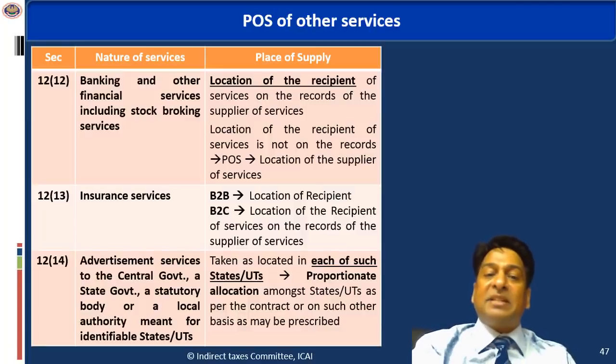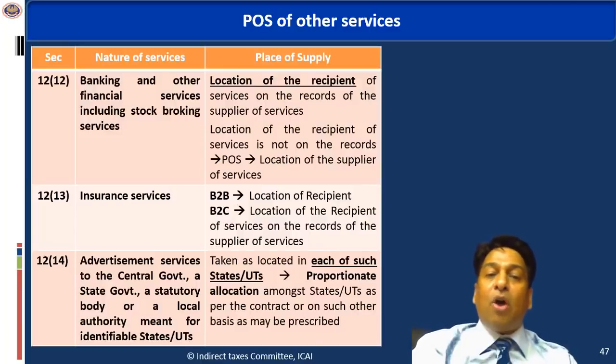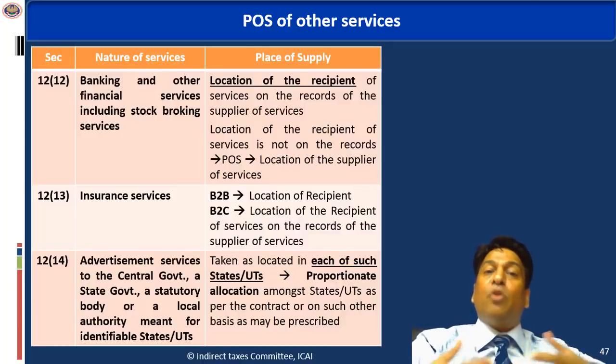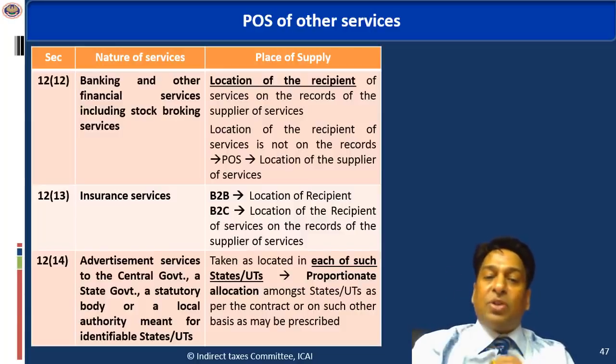In that case, place of supply would be taken as located in each of such states or union territories, meaning that if it falls in more than one state or union territory, then there must be proportionate allocation amongst the states and union territories as per the contract or on such other basis as may be prescribed.